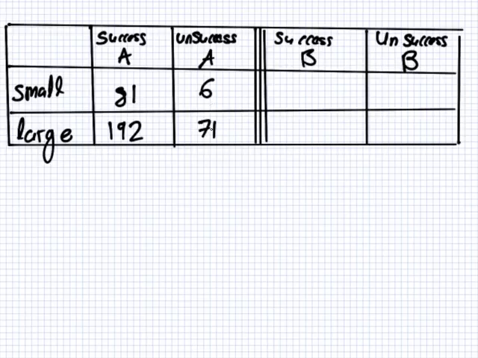Now on to treatment B. 234 people were successfully treated with treatment B that have small kidney stones, but 36 small kidney stone patients were unsuccessfully treated with B. 55 patients with large kidney stones were successfully treated with B, and then finally 25 patients with large kidney stones were unsuccessfully treated with B. So we'll do some of these together.